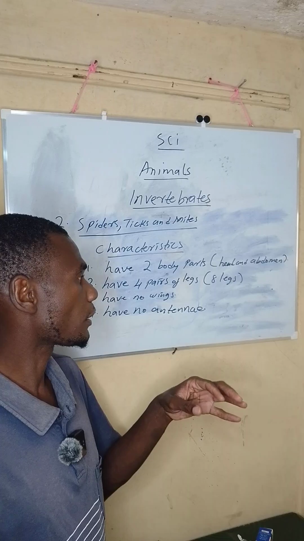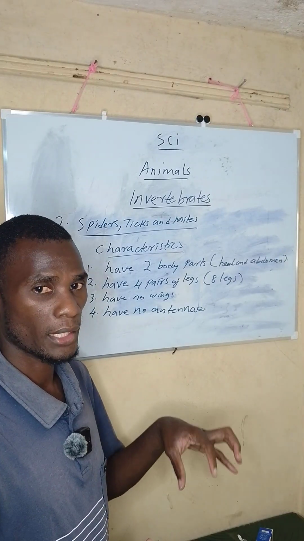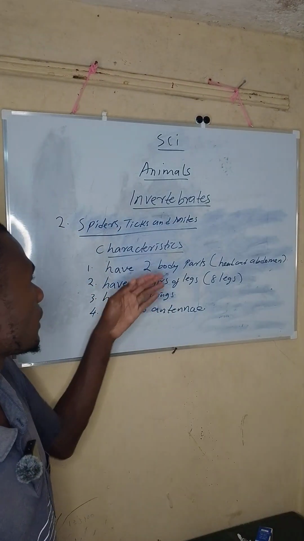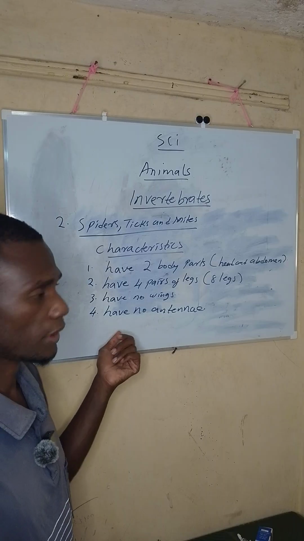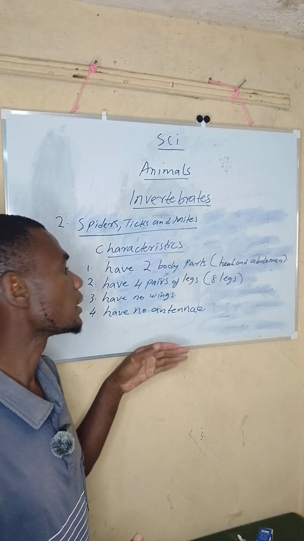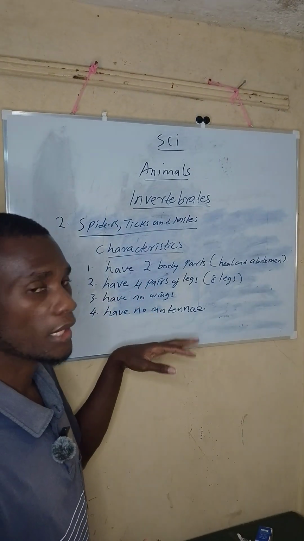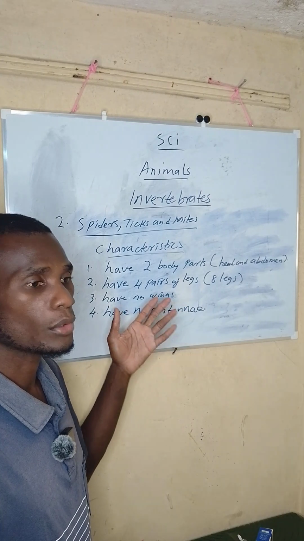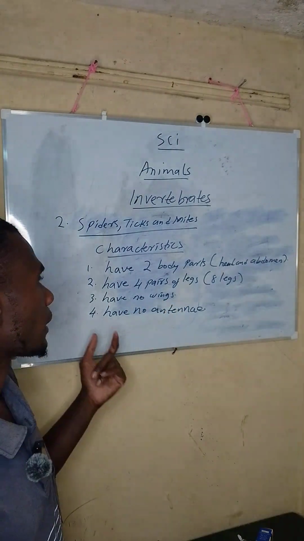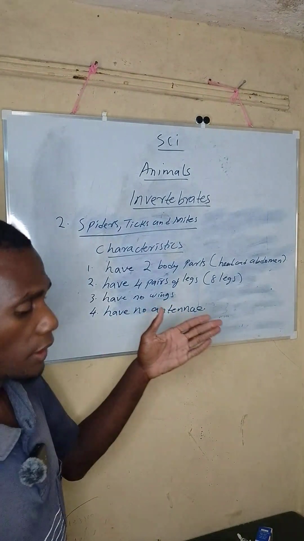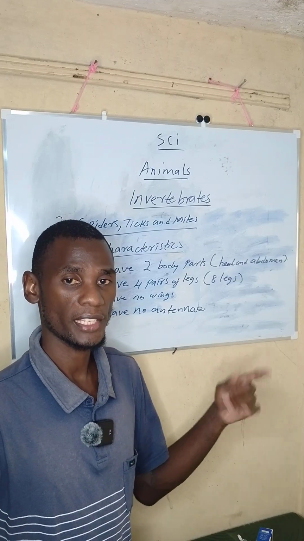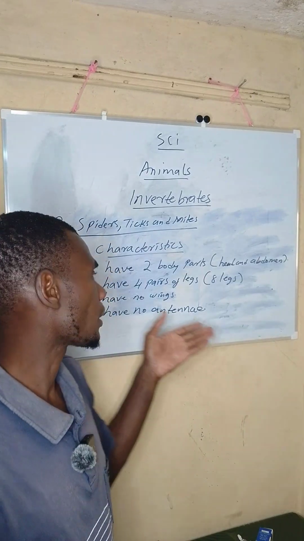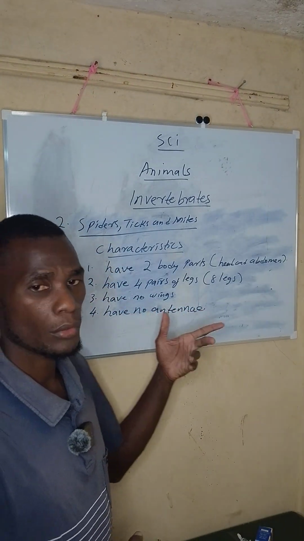So be current. Like in this case, you only need about 4 characteristics of these things. Don't disturb yourself with around 6, 7, 8, 9. Those are too much for a grade 6. Even if you look at the characteristics of insects, they are also very few, around 4 or 5.